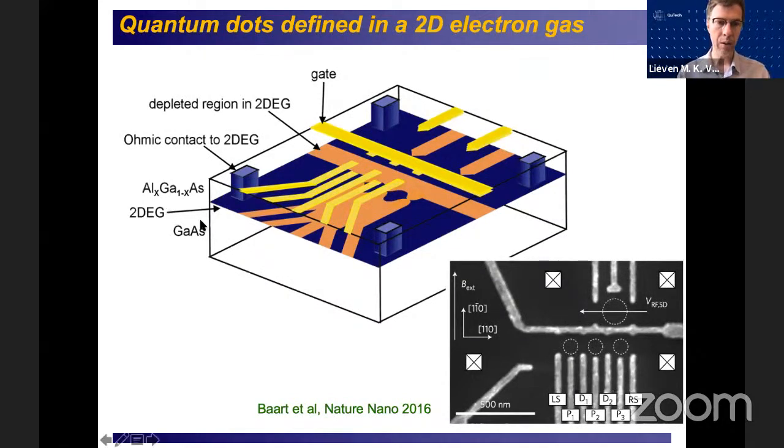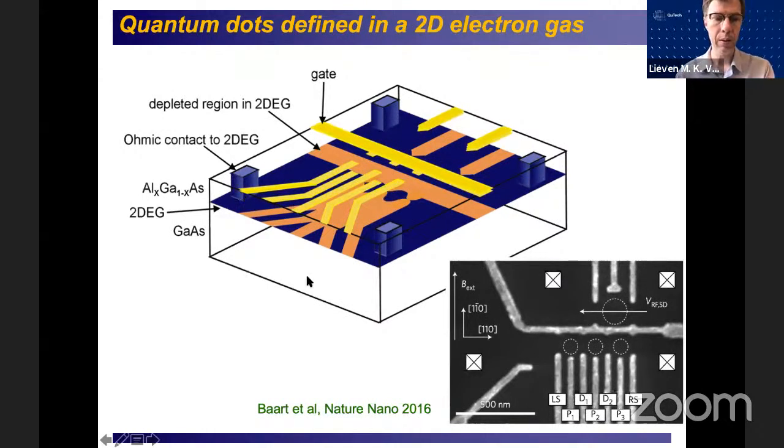So there is a gallium arsenide substrate, and then a top layer, say 100 nanometers thick, with 30% aluminum or so. The band gap between these two layers is different. And all the free electrons in this system, provided by the dopants in the substrate, would then be confined at the interface of these two layers. That's the blue sheet. So it's a two-dimensional electron gas.